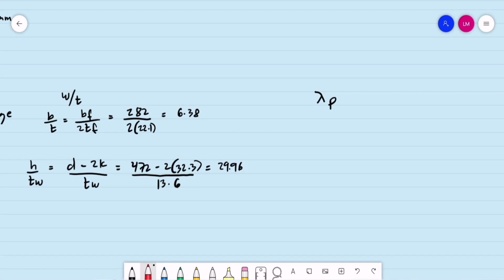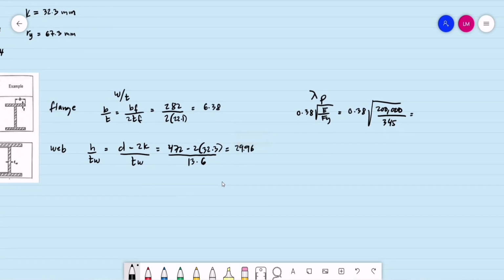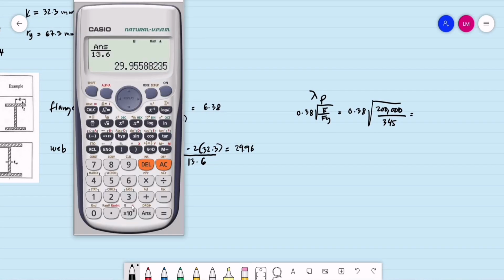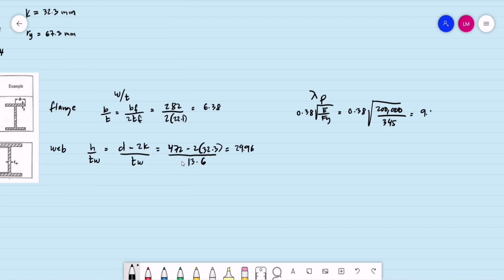So we have to compute for that value: 0.38 times the square root of 200,000 megapascals divided by the Fy of our section, 345 megapascals. So we have that as 9.15.